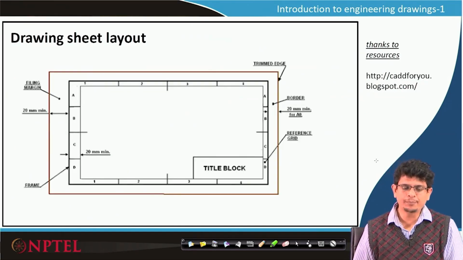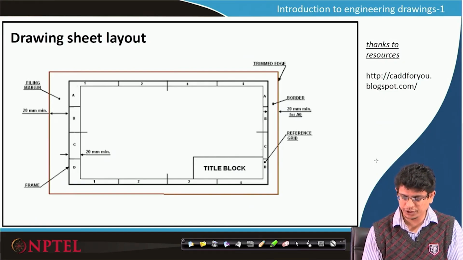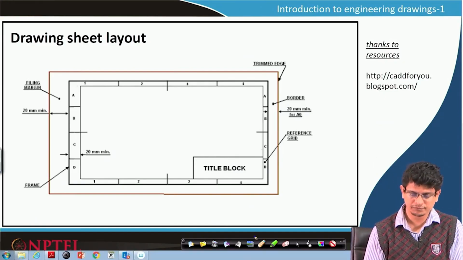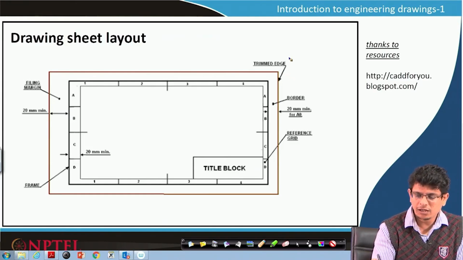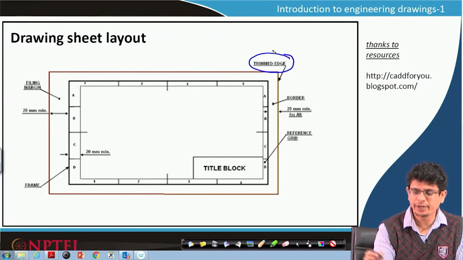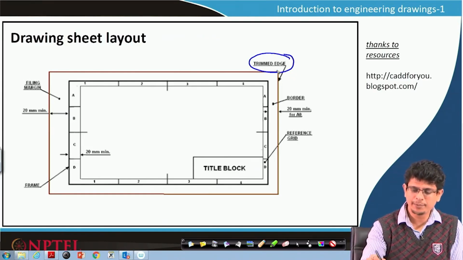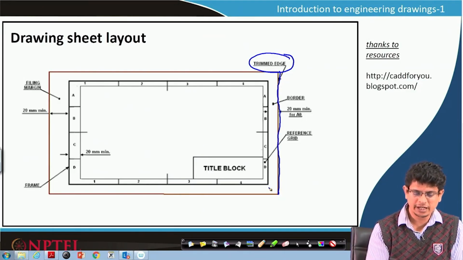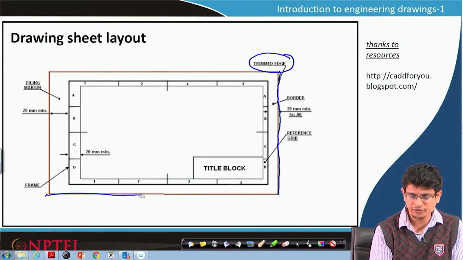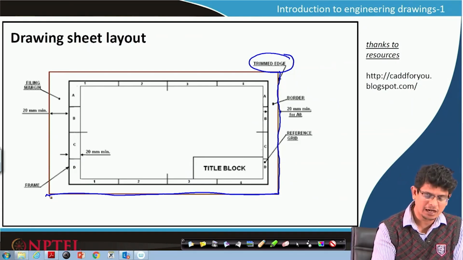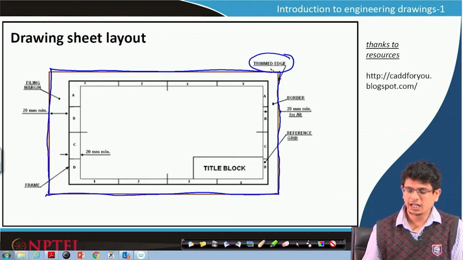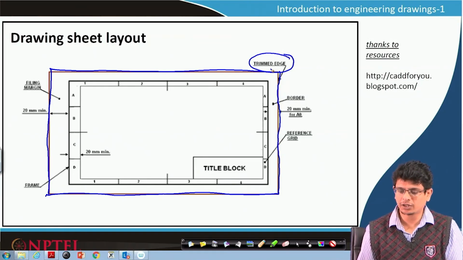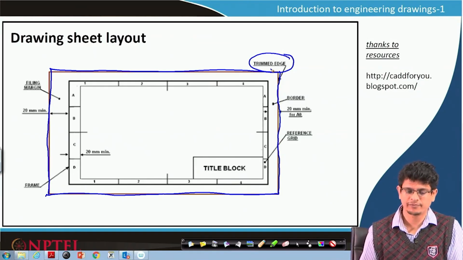Let us look at a template of a drawing sheet layout. Here, the trimmed edge is the paper up to which the cut has been done. The A0 sheet or A4 sheet is available up to this length and width. Those edges are called trimmed edges.